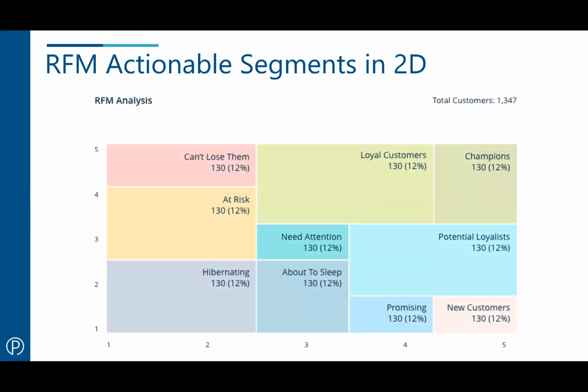So in this 2D visualization, new customers arrive in the bottom right as new customers. And if they start to spend frequently and with a decent value, they start to rise up the right-hand side through potential loyalist into loyalist and eventually becoming champions.